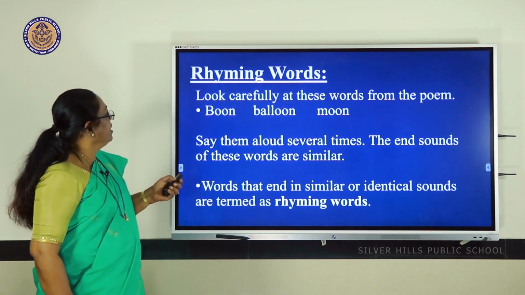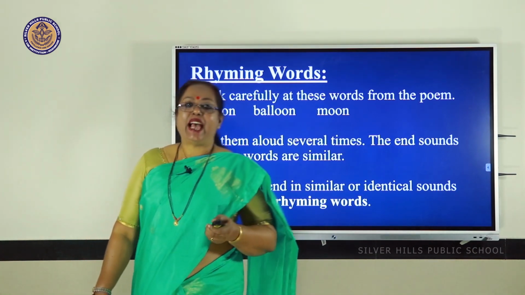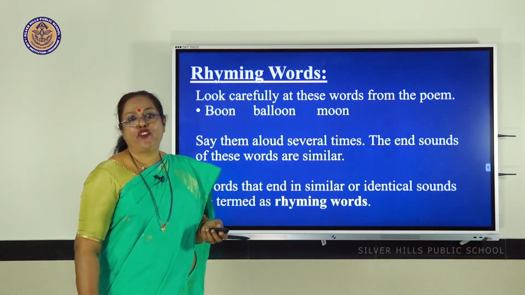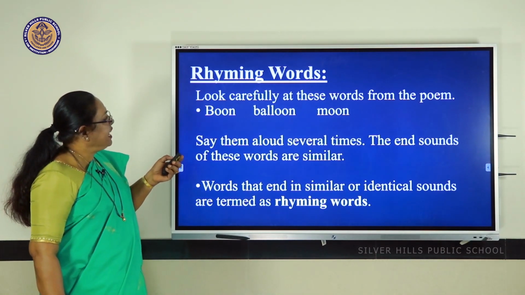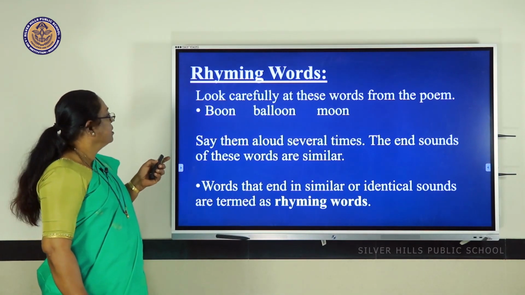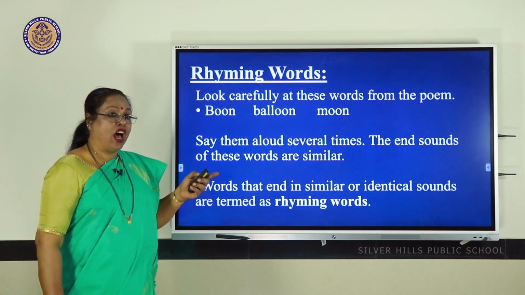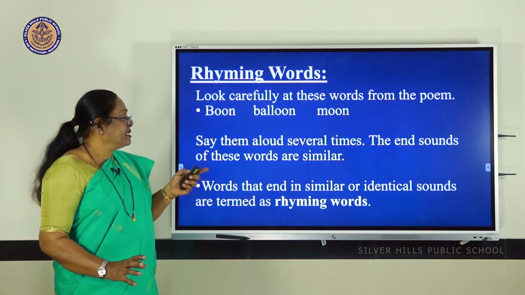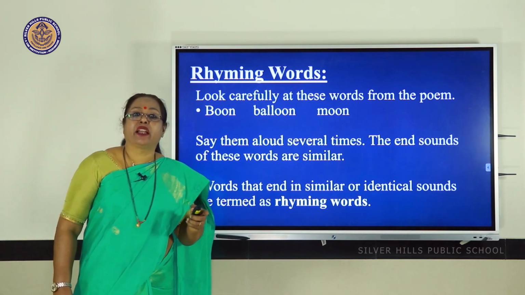Now, children, look carefully. In this poem, the poet has introduced a lot of rhyming words. Look carefully at these words from the poem. Boon, balloon, moon. Now, you will say this aloud, then only you will be able to understand the sound. The end sounds of these words are similar.